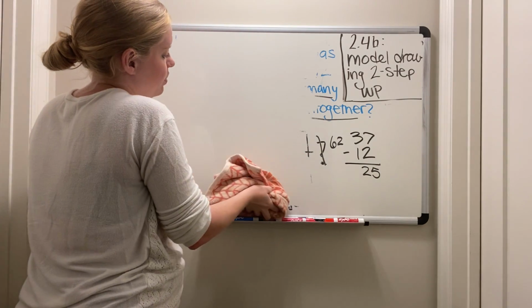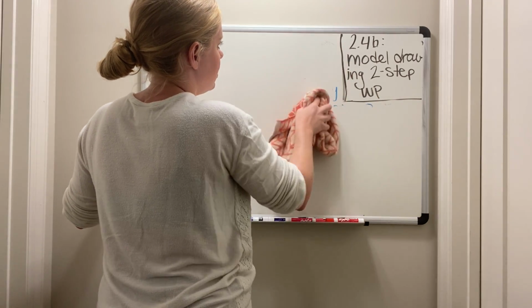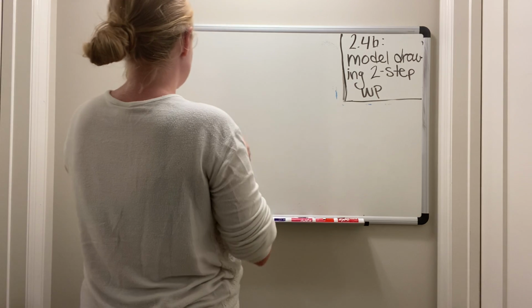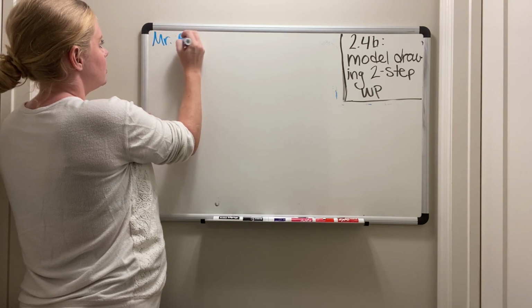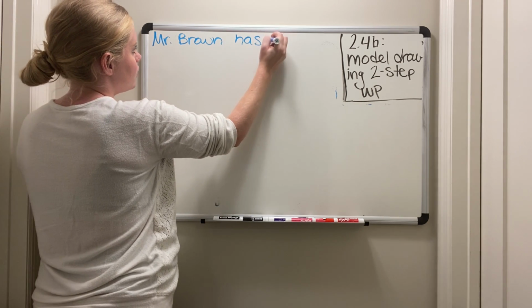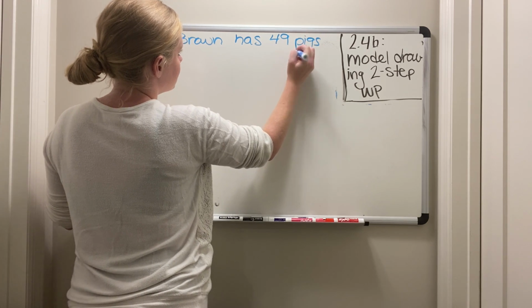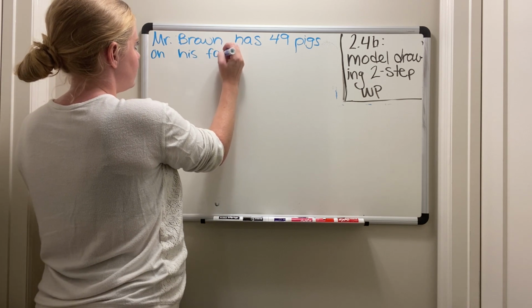So remember, comparison model drawing. What should our unit be? Ooh, let's do animals on the farm. Mr. Brown has 49 pigs on his farm.